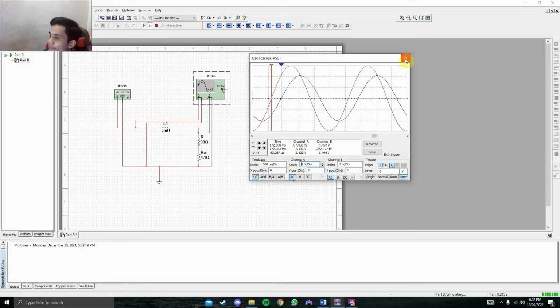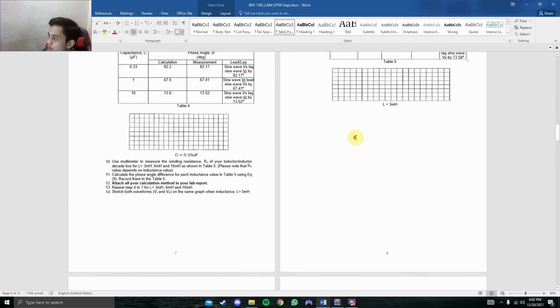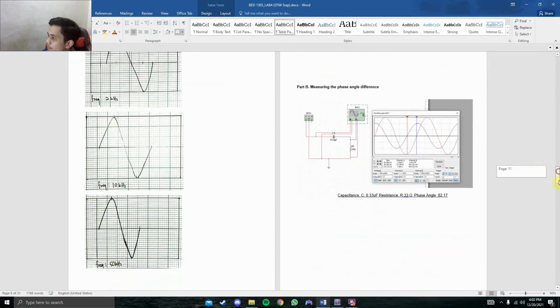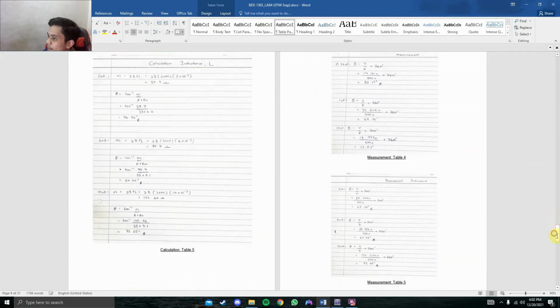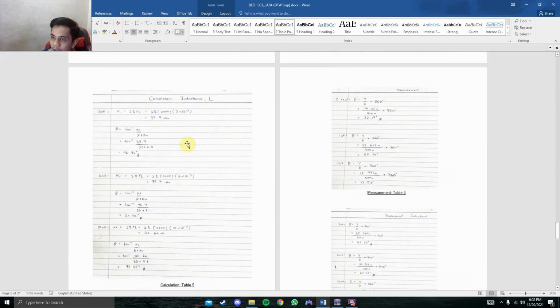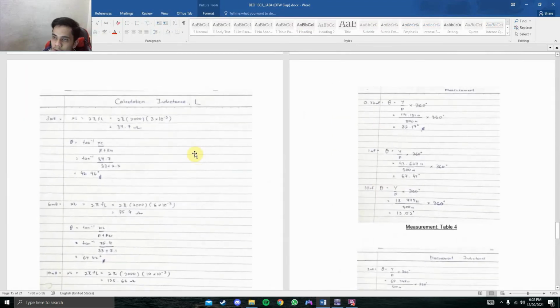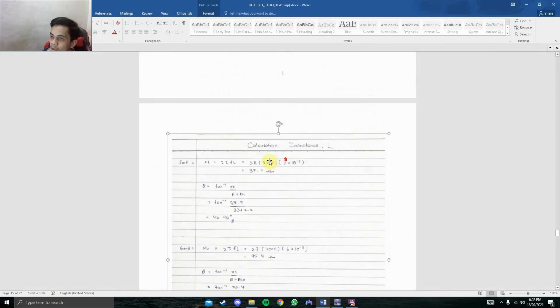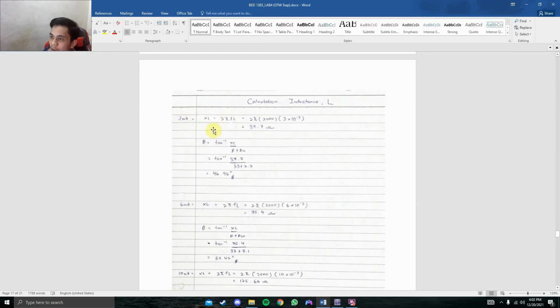Then go to the calculation first, inductance. This is the calculation. Here XL equals 2 pi FL. So 2 pi times 2k hertz, then times 3 millihenry, and then we get here 37.7 ohm.